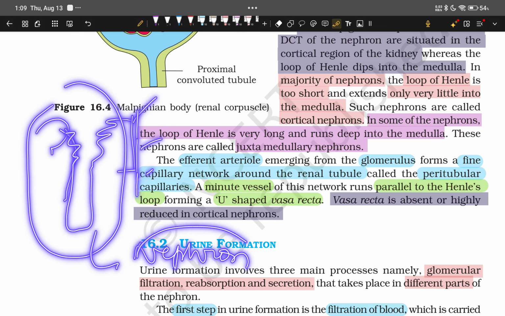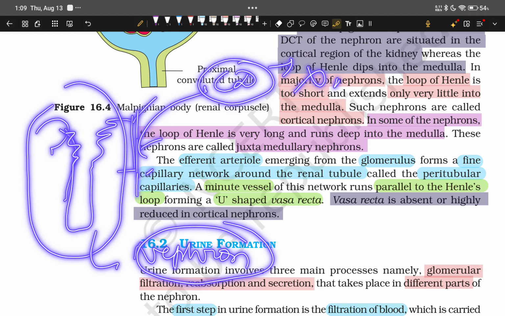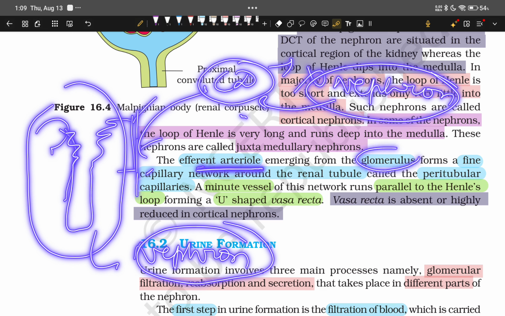And of course I have told you that CD, which is collecting duct, is not a part of one nephron, right? Several nephrons' DCT opens into CD, so it's not part of one single nephron. So what are they saying? Efferent arteriole which is emerging from the glomerulus.